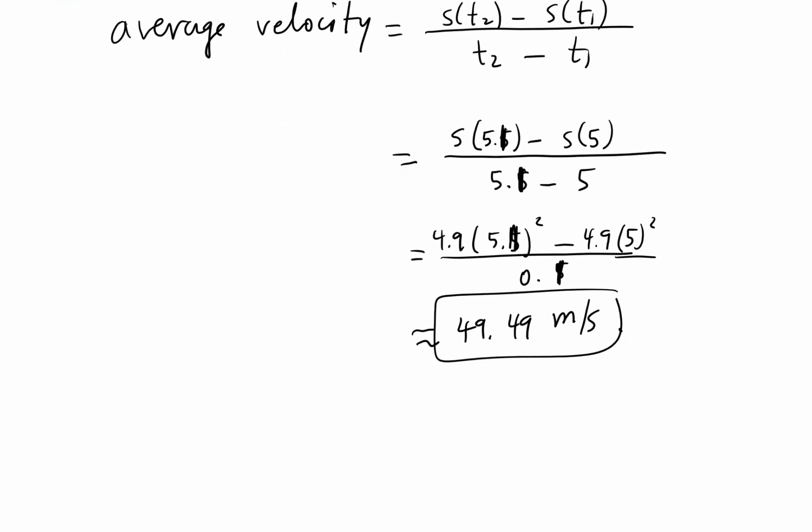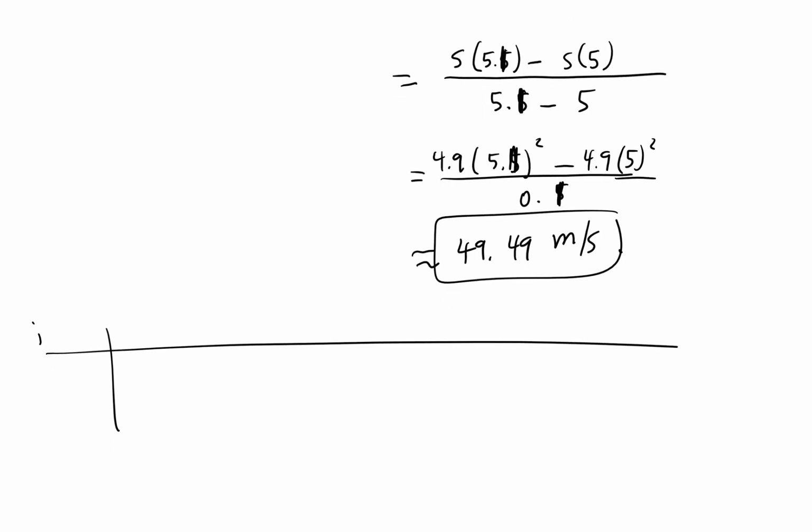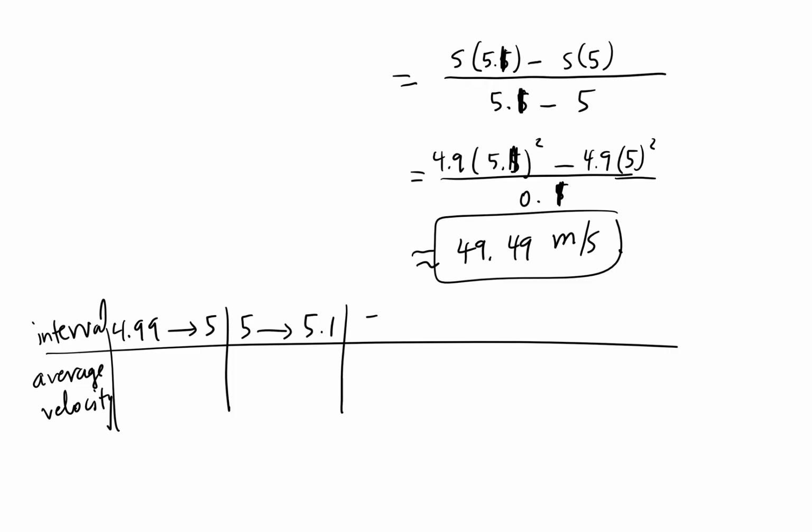If you try to run over different intervals, the first interval I gave you was 5 to 5.1. What about if we take different intervals? Here, the first interval, I'm going to pick 4.99 to 5, then 5 to 5.1, 5 to 5.6, and 5 to 6.